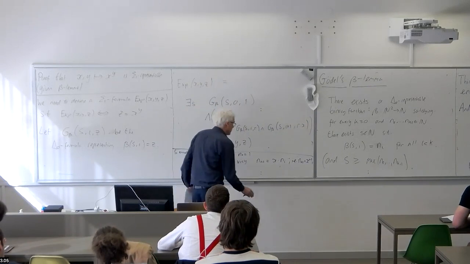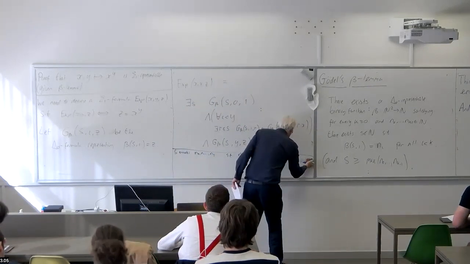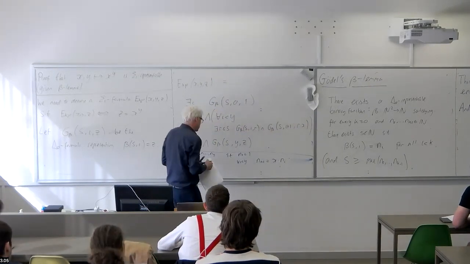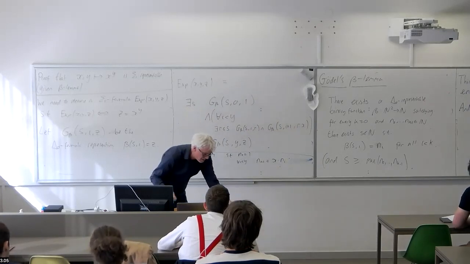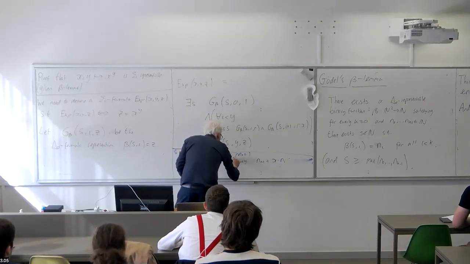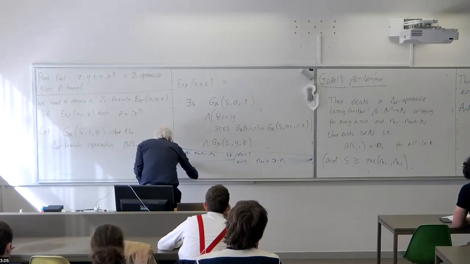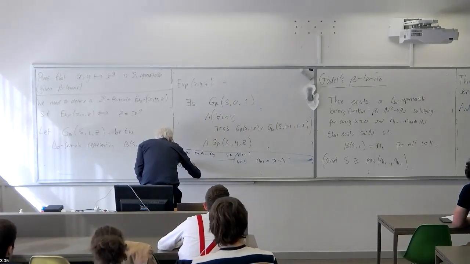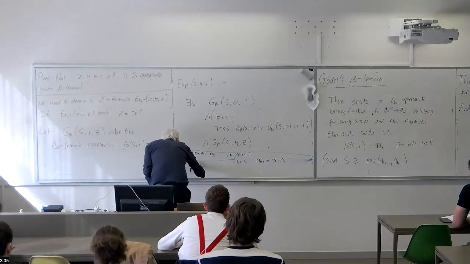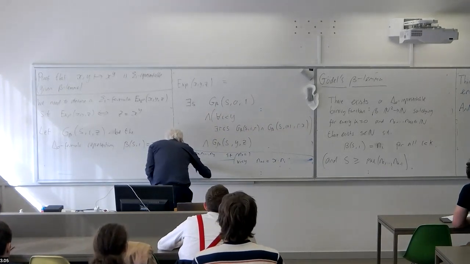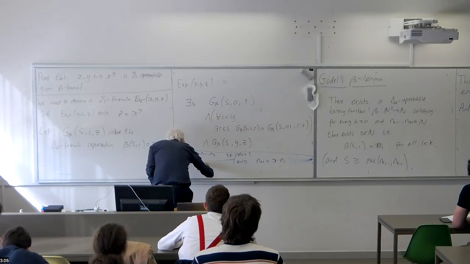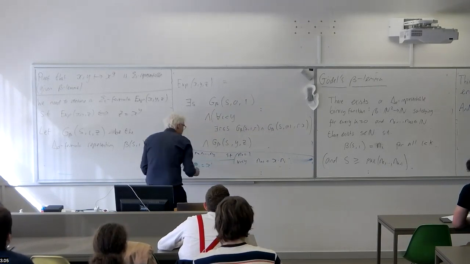That follows from this. And these imply for all J less than or equal to Y, N J equals X to the power of J.